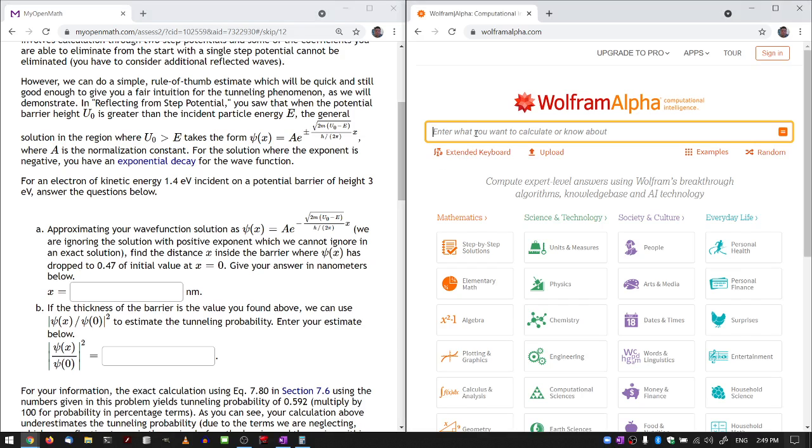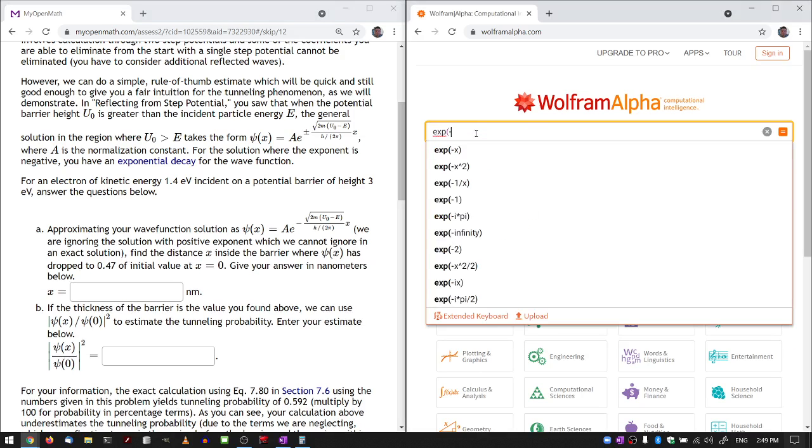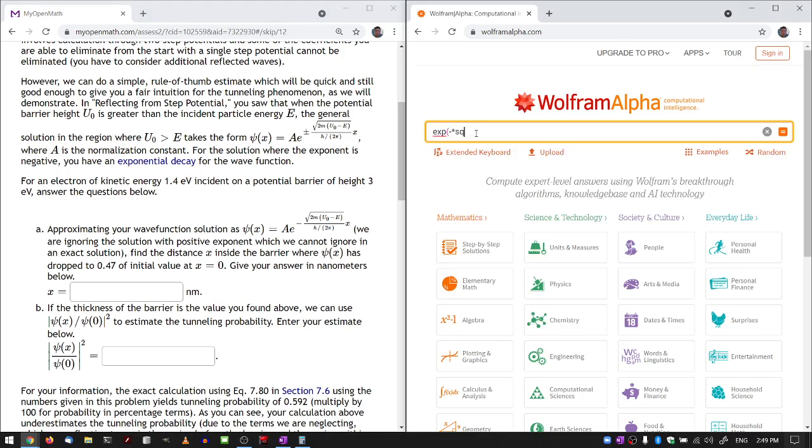The exponential expression is going to look like exponential of minus square root of 2 times electron mass, times U naught, which is 3 eV, minus the kinetic energy, 1.4 eV, close square root, divided by h bar, times x. That's the whole exponential thing.